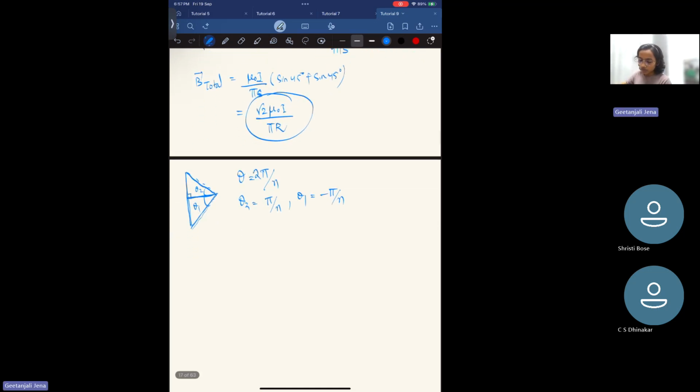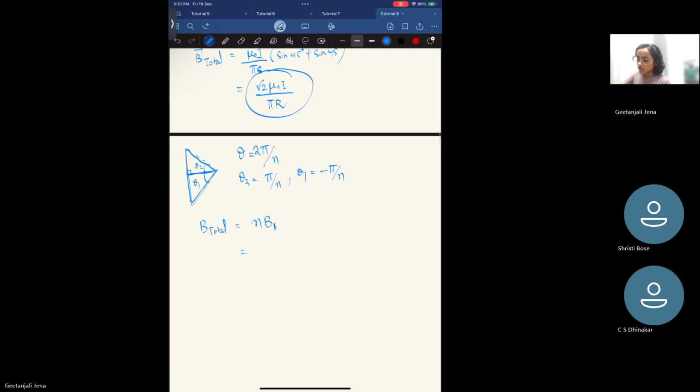Okay, so now we can calculate the B total, which is n times B1. That is n mu naught I by 4 pi R, sine pi by n plus sine pi by n.